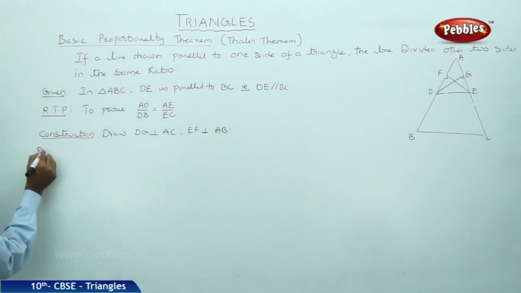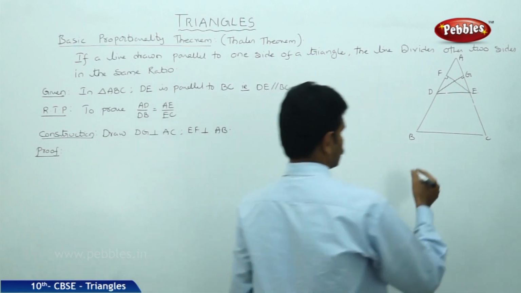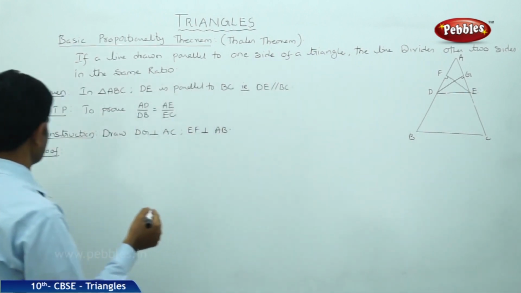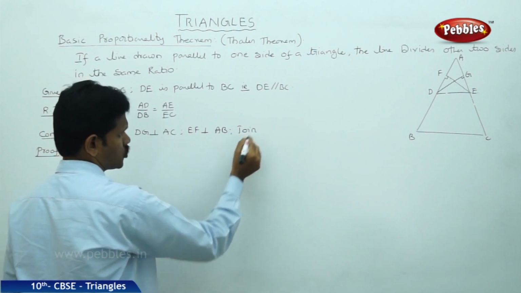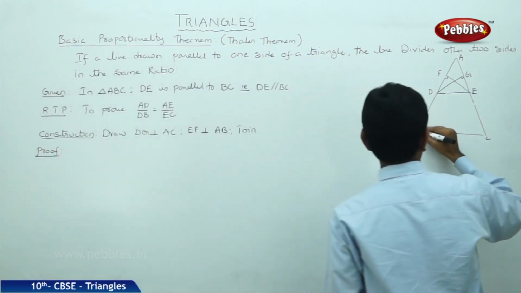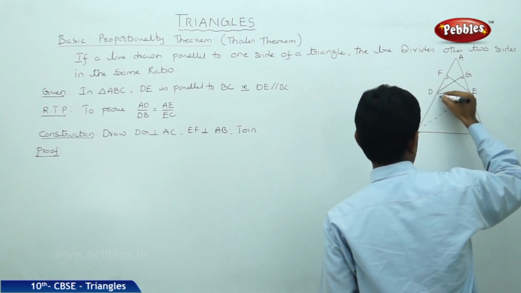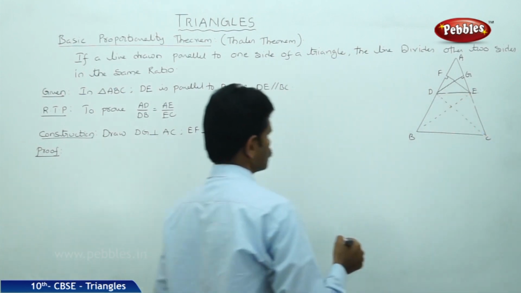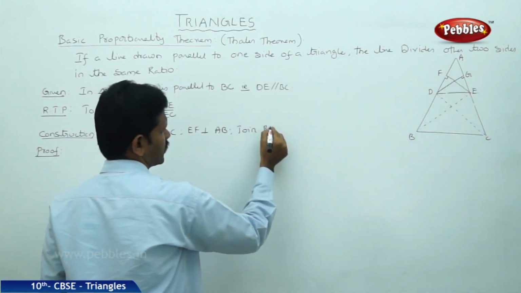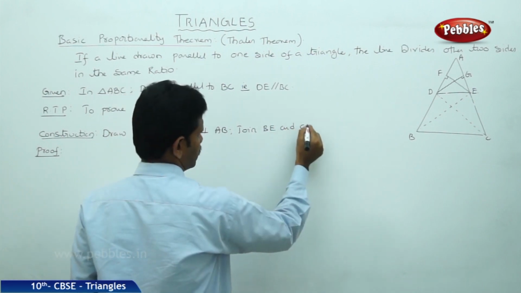Now, proof. And one more thing in the construction: join BE and CD. Join BE and CD.